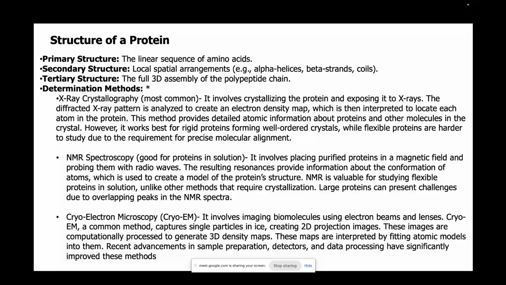And cryo-EM microscopy is basically imaging biomolecules using electron beams and lenses. Cryo-EM is a common method which captures single particles in ice, creating 2D projection images. So an electron microscope is involved here.